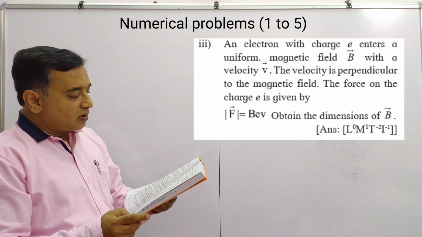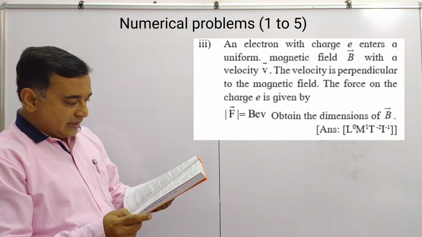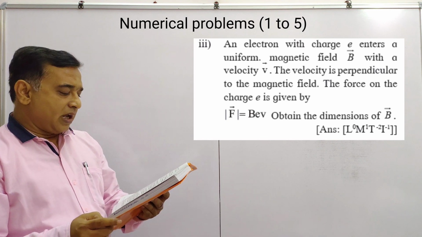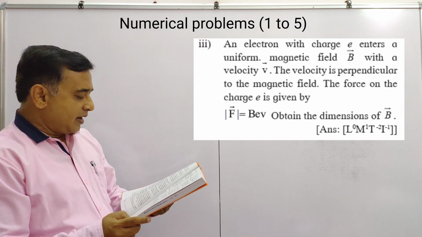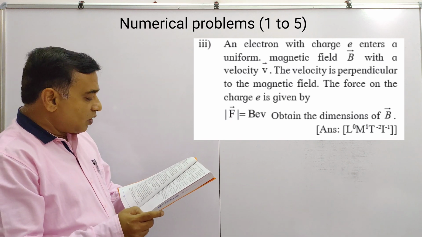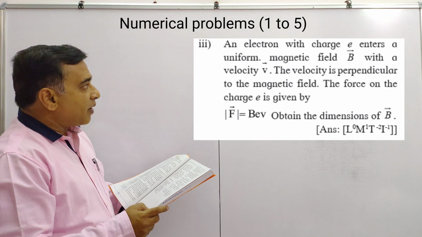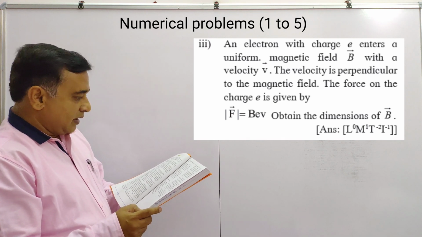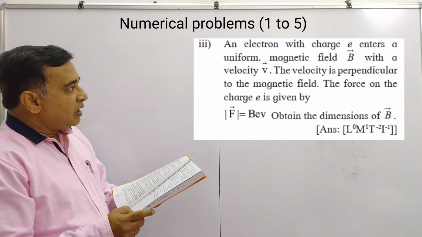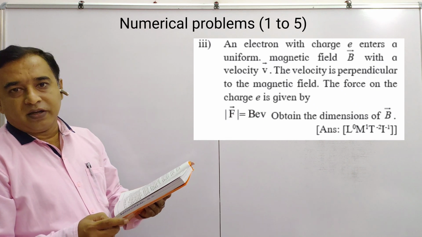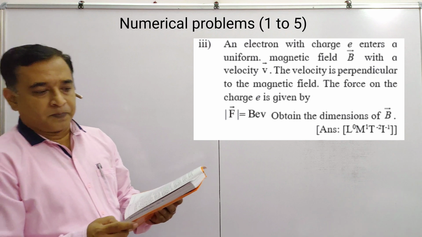The force on the charge E is given by, magnitude of F is equal to B, magnetic induction, E, charge on the electron, V, velocity of the electron. Obtain the dimension of B, that means magnetic induction.